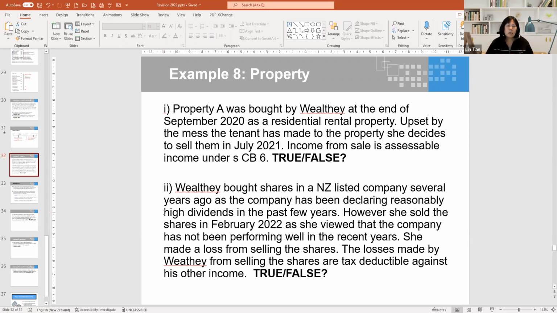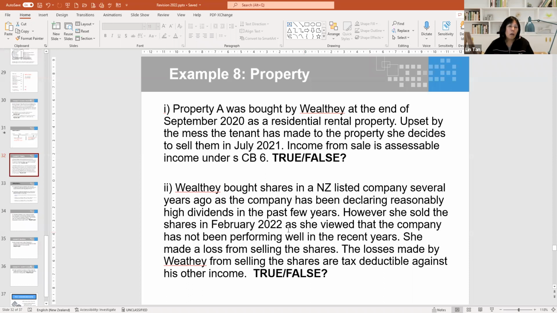So more or less pinpointing to us that she didn't buy them for the purpose of selling, but more for deriving the dividend income. So if that's the case, in a situation where she derived losses from selling the shares are also not deductible.